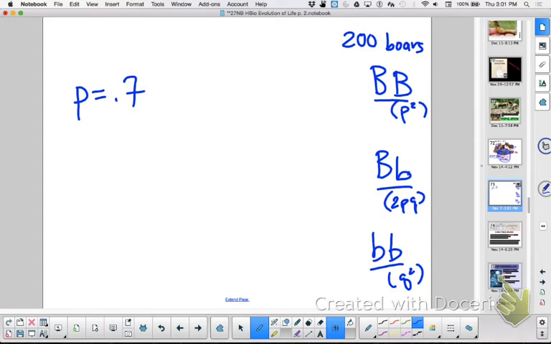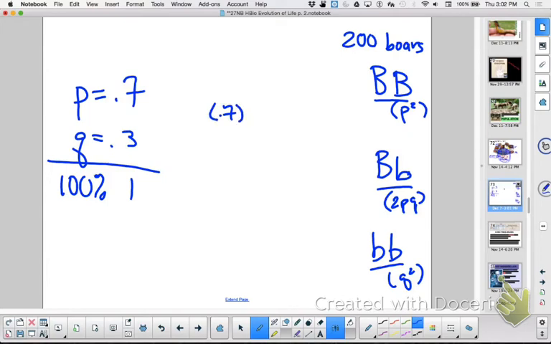So if I told you P equals 0.7, what does Q have to be? 0.3, because my P's and Q's all have to add up to 100% of my gene pool, and that would all add up to 1, right? So if I knew that, I could predict how many of the boars would be P squared. What do I have to do? 0.7 squared times how many boars do I have? 200.